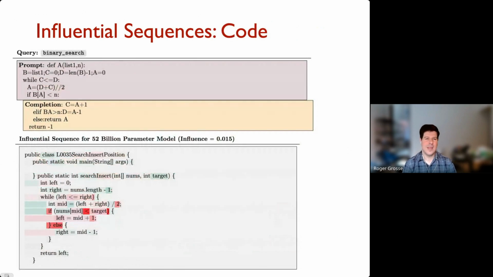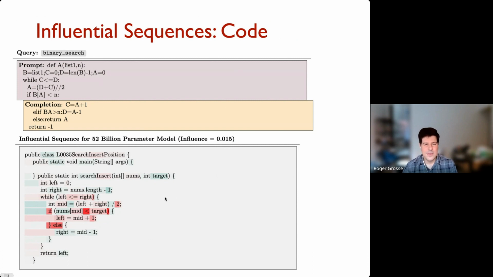We can also look at a programming query. Here is an example of binary search in Python, where the variable names have been obfuscated in order to avoid spurious token overlap. One of the top influential sequences for the 50 billion parameter model, so the query was in Python, is an implementation of binary search in Java.